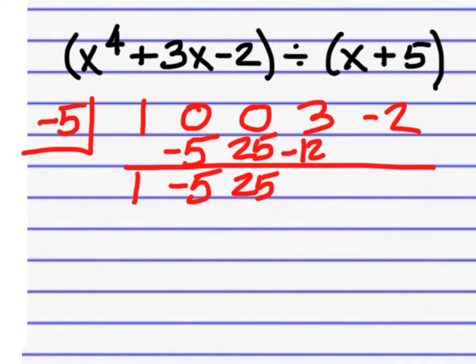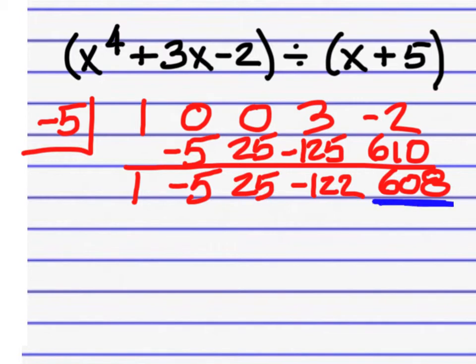That's a negative 125. 3 plus a negative 125 is a negative 122. So now negative 5 times negative 122 is going to give me, let's see, the same thing as positive 500 plus 110, which would be 610. Add the last column, which would give me 608.